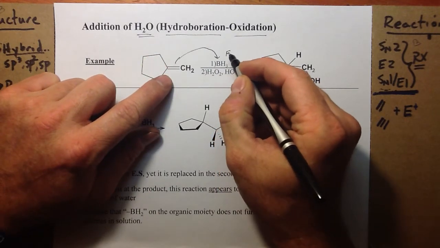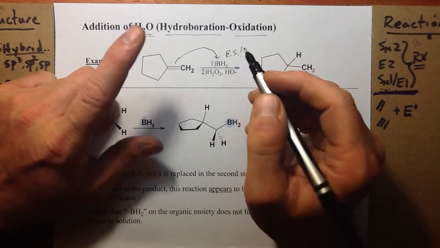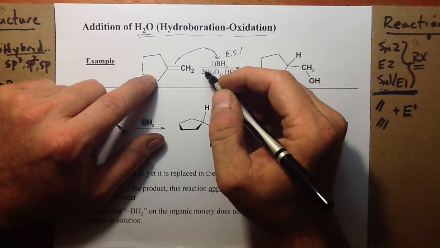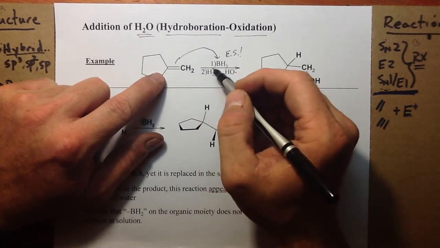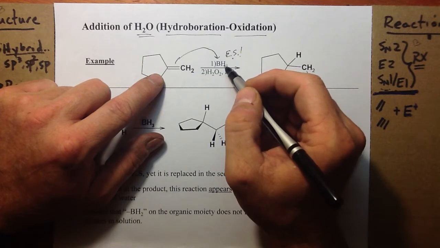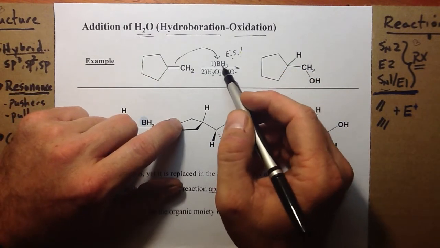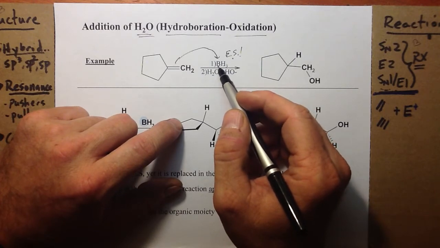Why? Because that boron in BH3 is still the electrophilic site, and we can still use the Markovnikov rule, placing the boron, which is the electrophilic site, not protons. This is not the electrophilic site. Please remember, BH3 or variations thereof, it's the boron that's the electrophilic site.